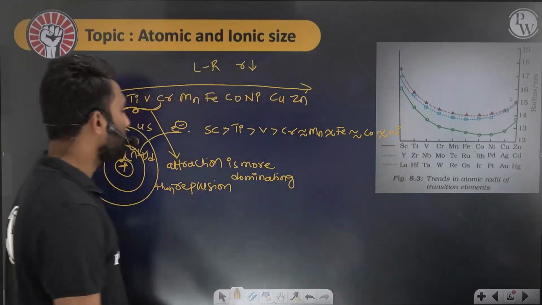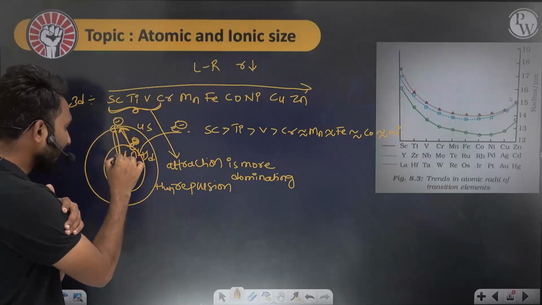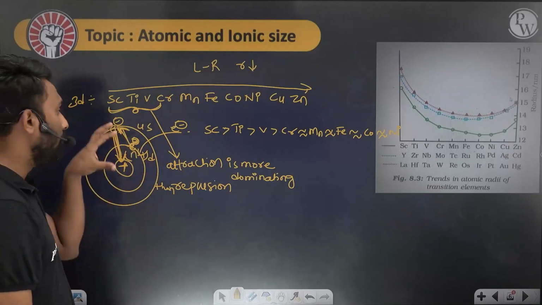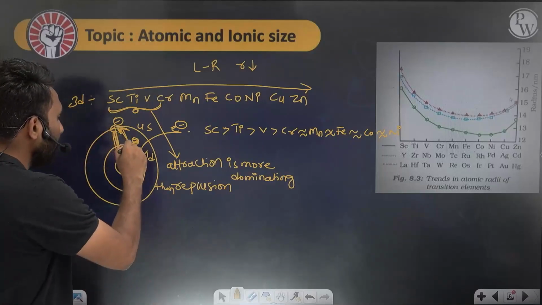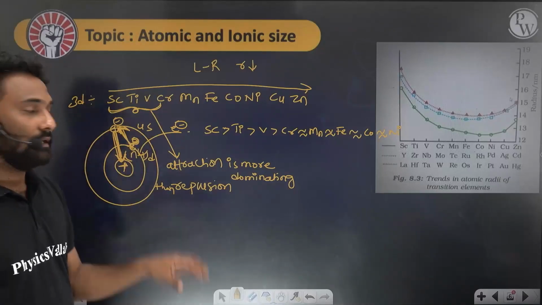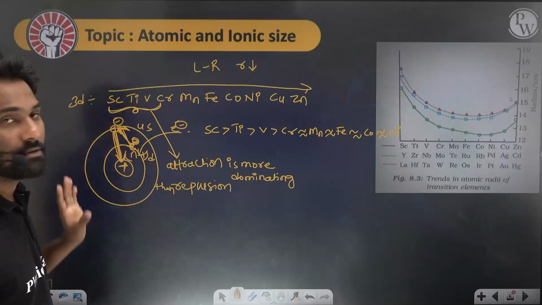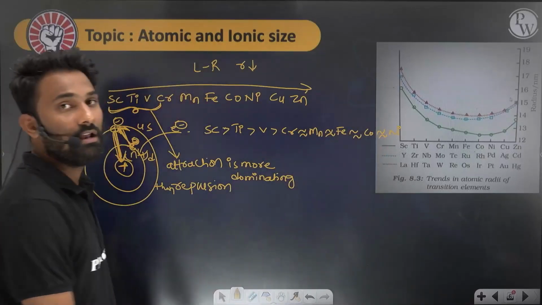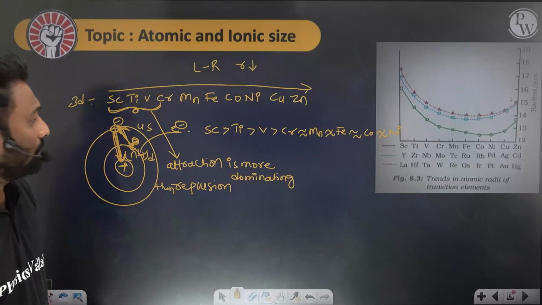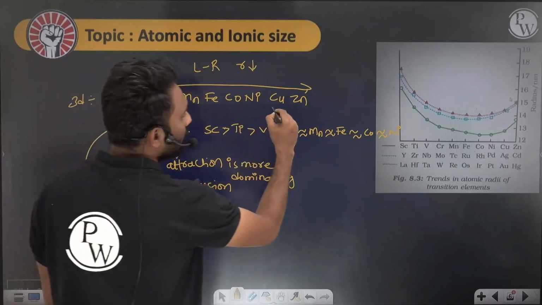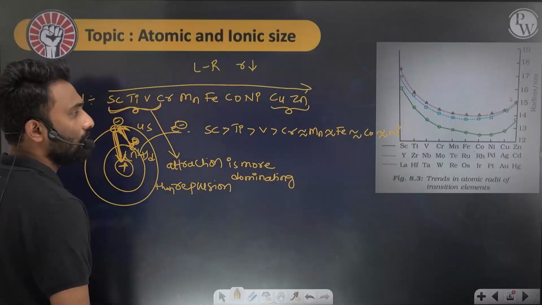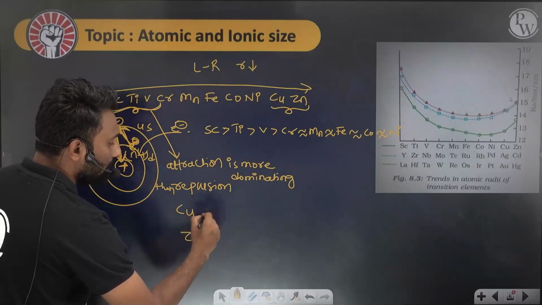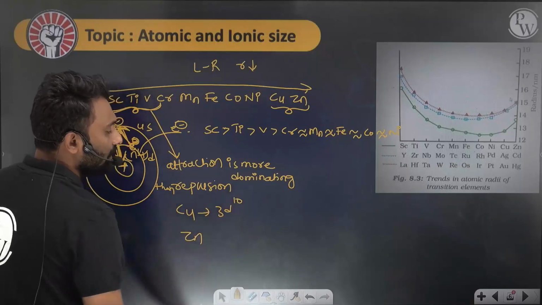Now ಯಾಕಂದ್ರೆ ಇಲ್ಲಿ ನೋಡಿ, the attraction and the inner electrons repelling this electron ಅಲ್ಲ, which means whatever attraction is happening, the same repulsion is happening. ಎಷ್ಟು ಅಟ್ರಾಕ್ಷನ್ ಆಗ್ತಾ ಇದೆಯೋ, the same repulsion is happening. ಅದಕ್ಕೋಸ್ಕರನೇ all are having the same radius. But when it comes to copper and zinc, it is having the stable 3d10 electronic configuration.